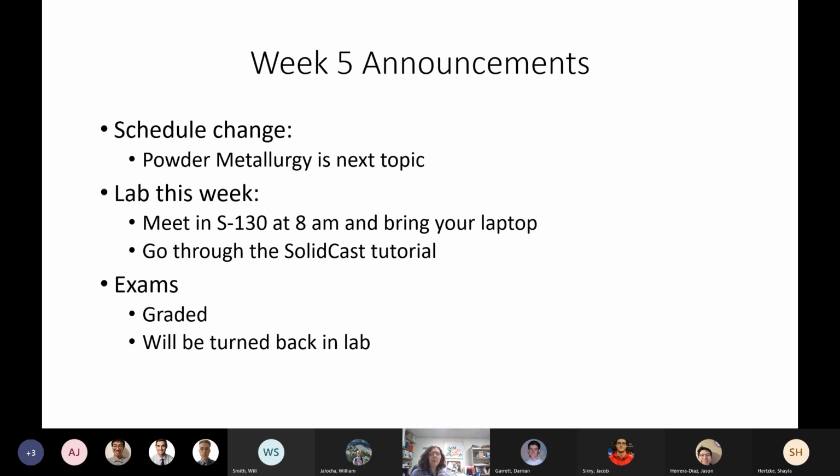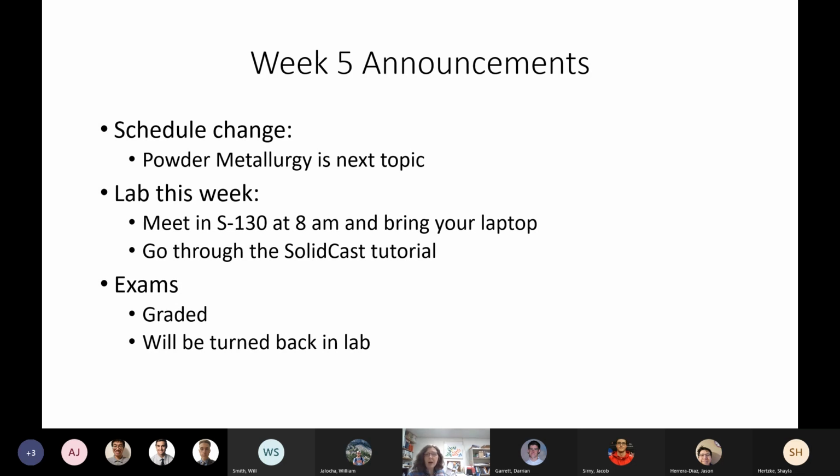I wasn't able to get my computer to work with the monitors in S130, but it's a nice room, and I believe I should be able to go through the tutorial and we can get everybody in there. And again, make sure you have your laptop. We are going to be going through the tutorial, which is out on Canvas.